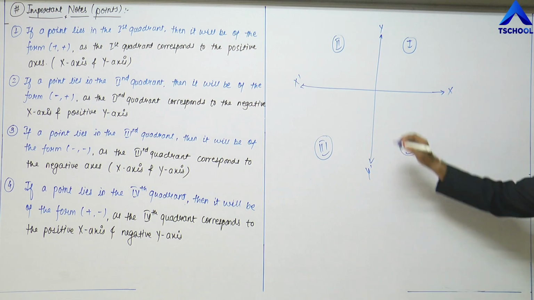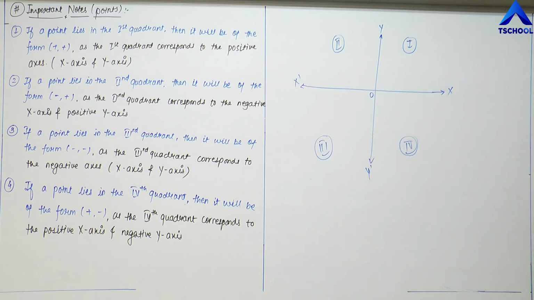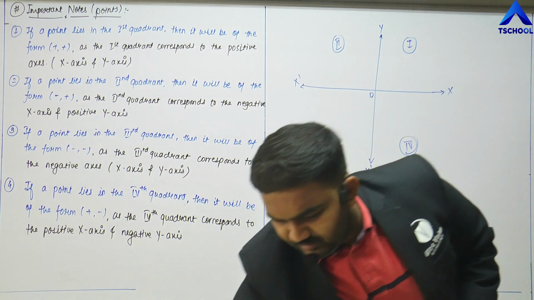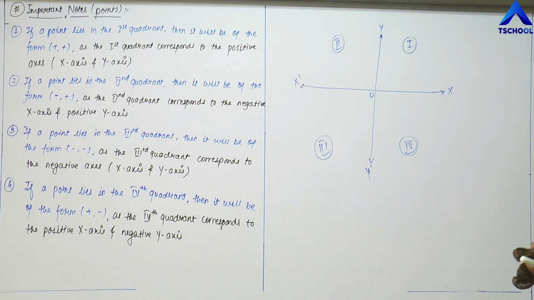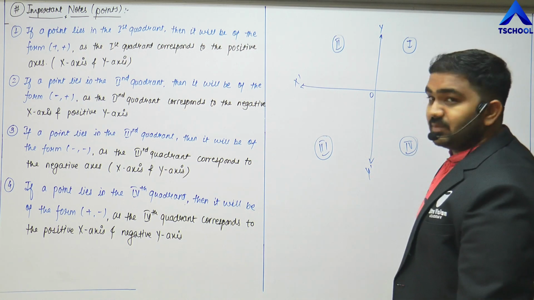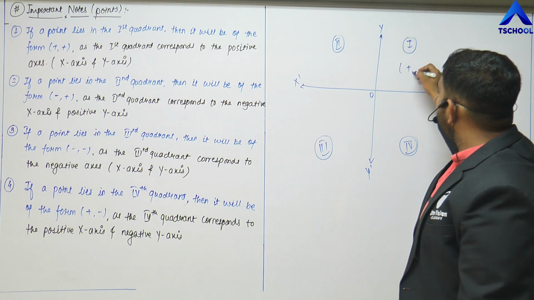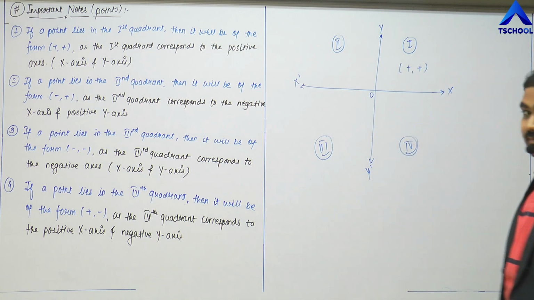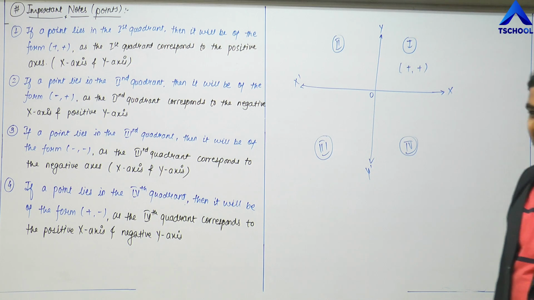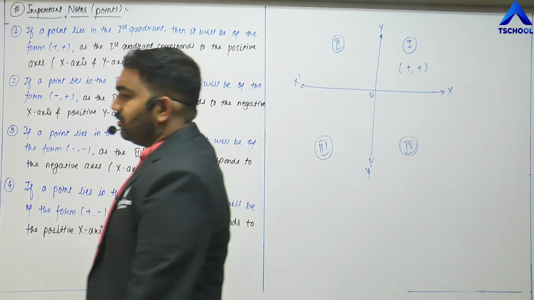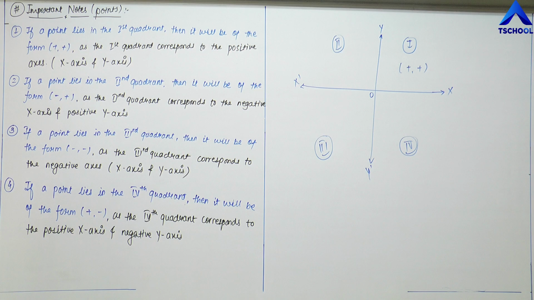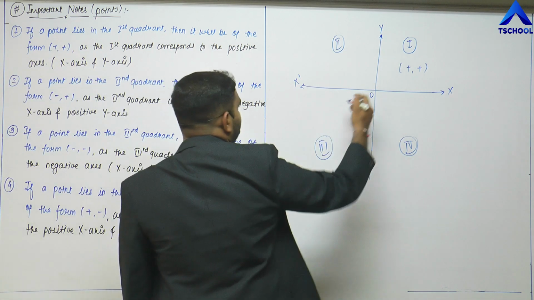So remembering this graph with origin O, the first point is that if a point is lying in the first quadrant, then both are positive, because x is positive and y is positive, so the point will be plus comma plus, or the sign of both the coordinates of a point lying in the first quadrant will be positive.